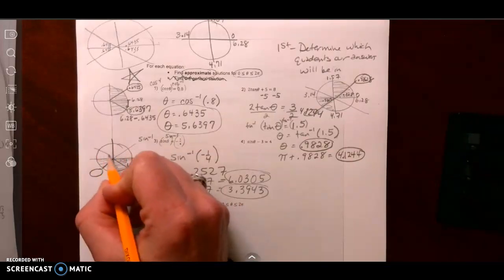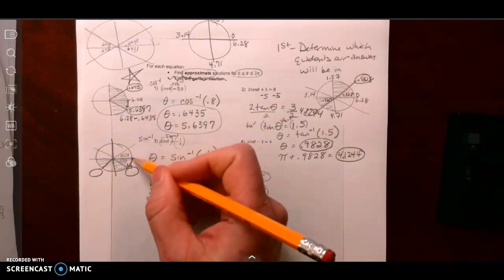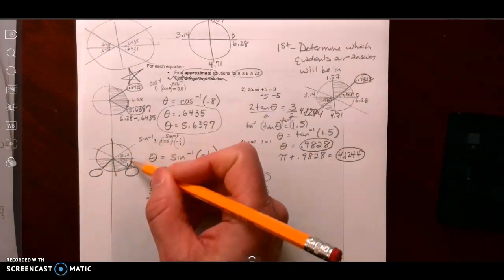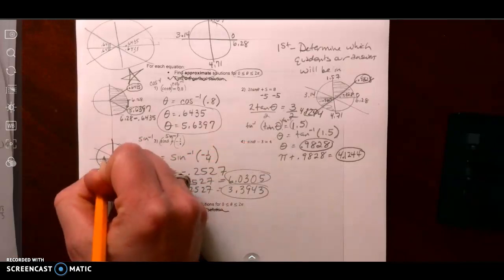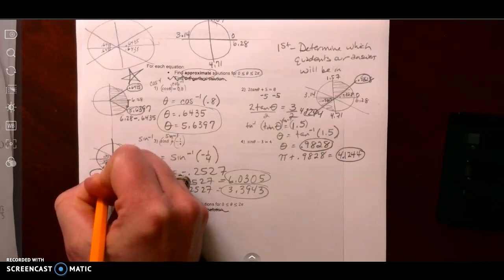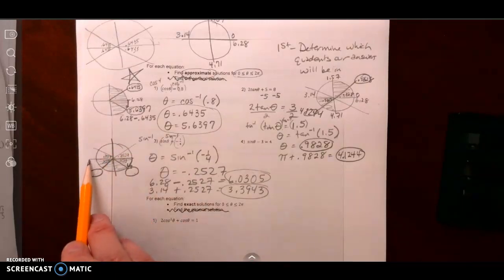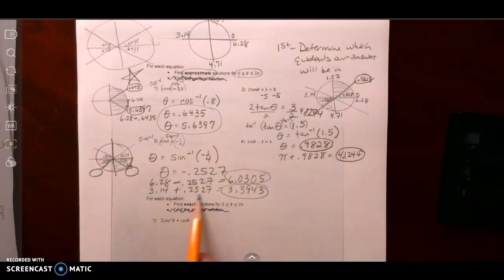All of them are 0.2527. And this is 0 plus, this is 2 pi minus, this is also 0.2527, and this is 0.2527. It's the reference angle that matters, and this is going to be pi plus 0.2527, which is where I got that from, and this is 2 pi minus, which is where I got that from.